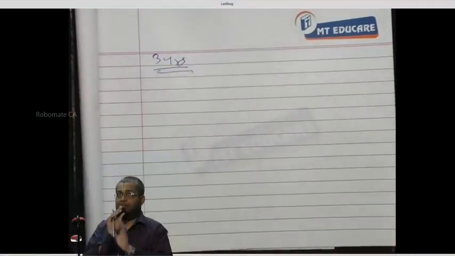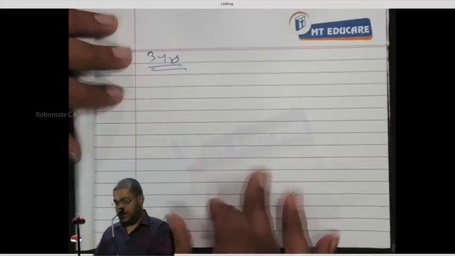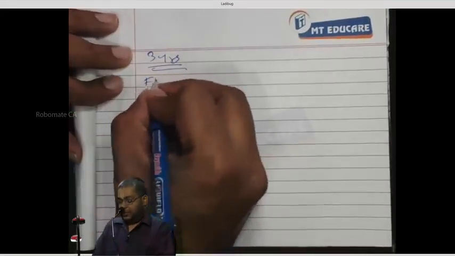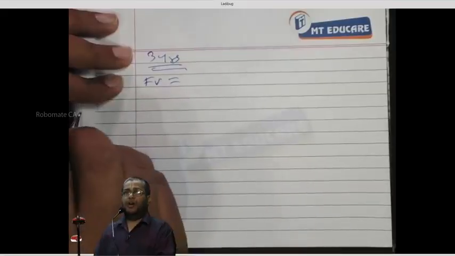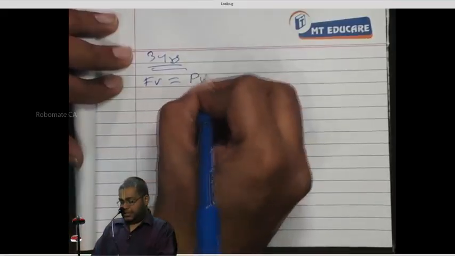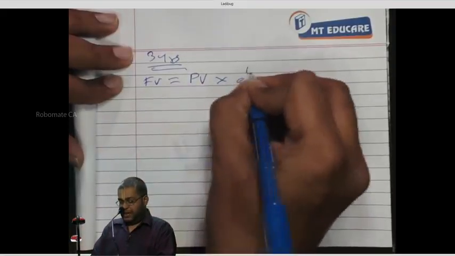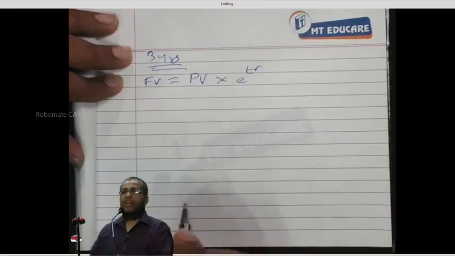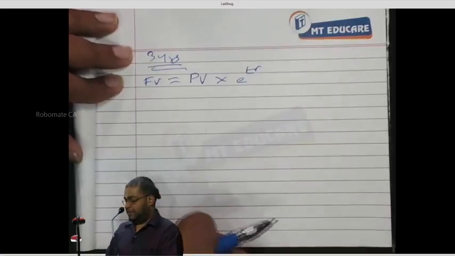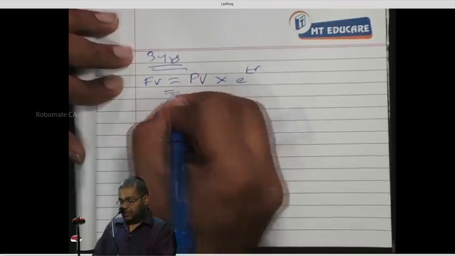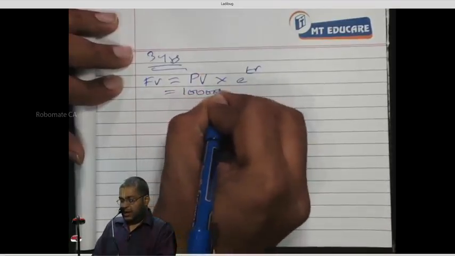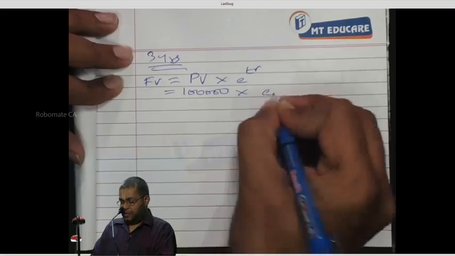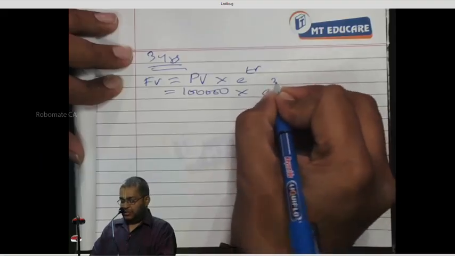Let's do it together this time. Tell me the formula. Future value is equal to present value into e power tr. What is present value? 1 lakh into e power, how many years? 3 years.